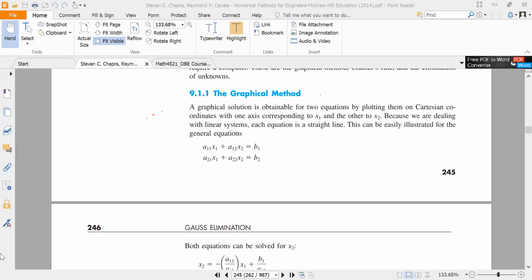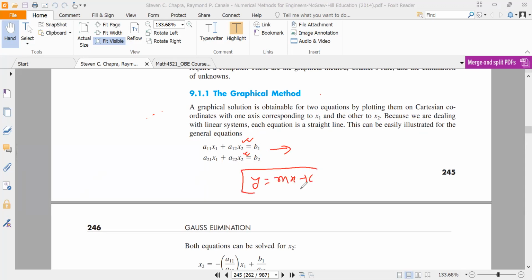But this technique is only applicable in some cases. You see that your equation will have a slope. The first equation will have a slope equal to what? If we solve for x2, it is something like this: y is equal to mx plus c.